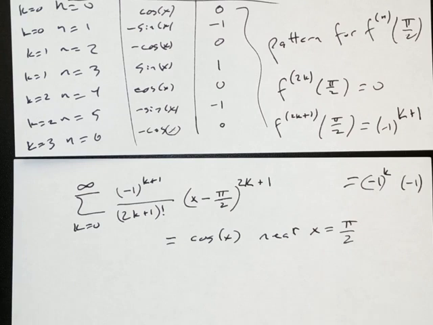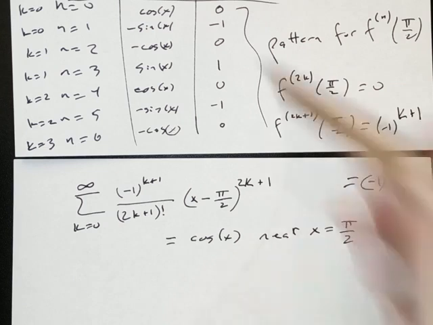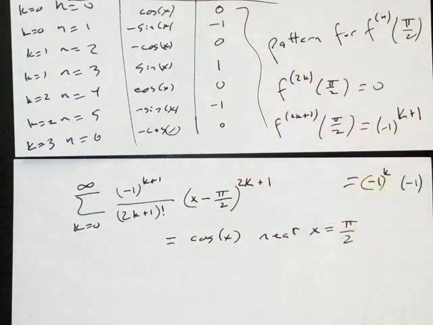I will tell you that one of the harder parts of power series is finding these patterns. When we do Taylor and Maclaurin, that's going to be the bigger issue. But my goal in trying to find the Taylor or Maclaurin series is to write down the first however many powers I need and then figure it out from there.